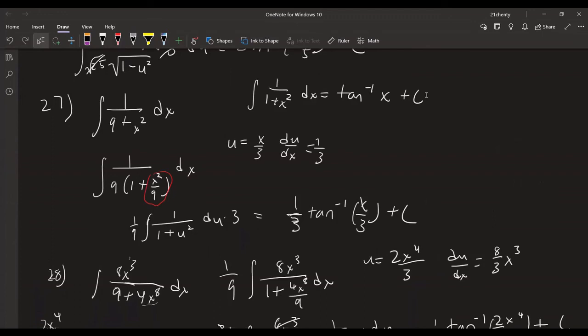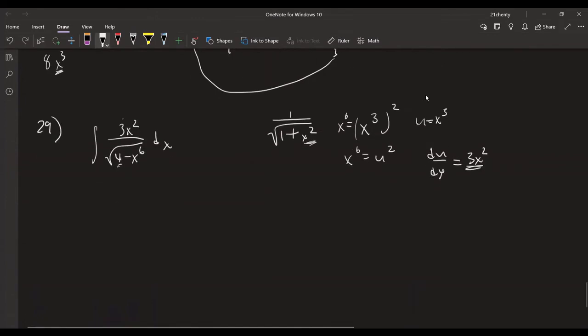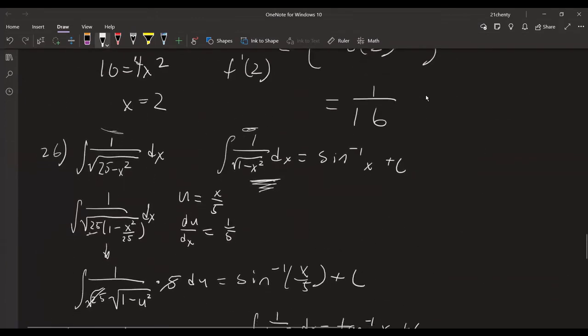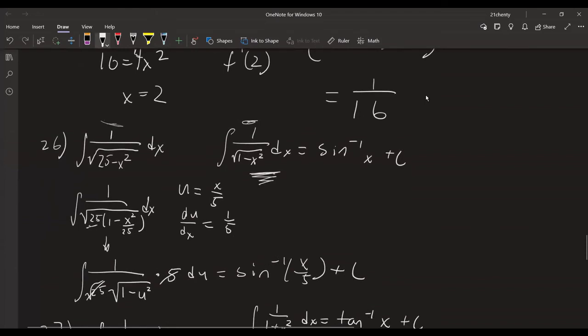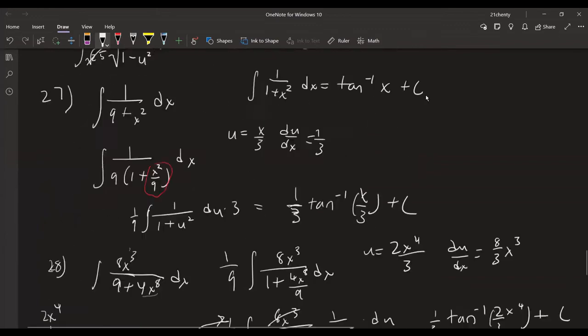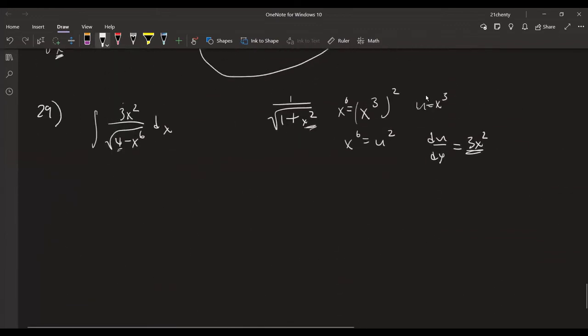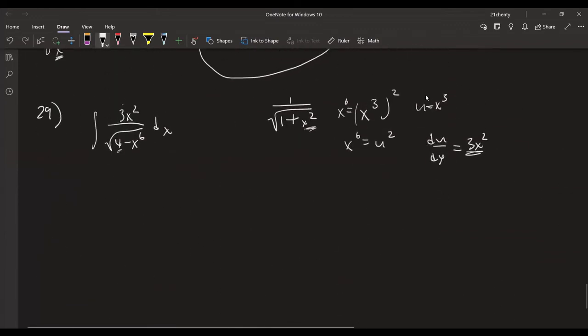So this problem, remember we factored out the 1/9 or the 9. Here we could factor out the 4. Or no, it's not similar. It's similar to this one, where we factored out the 25 here. So here we can factor out the 4. So I guess 29 combines strategies from 26 and 28.